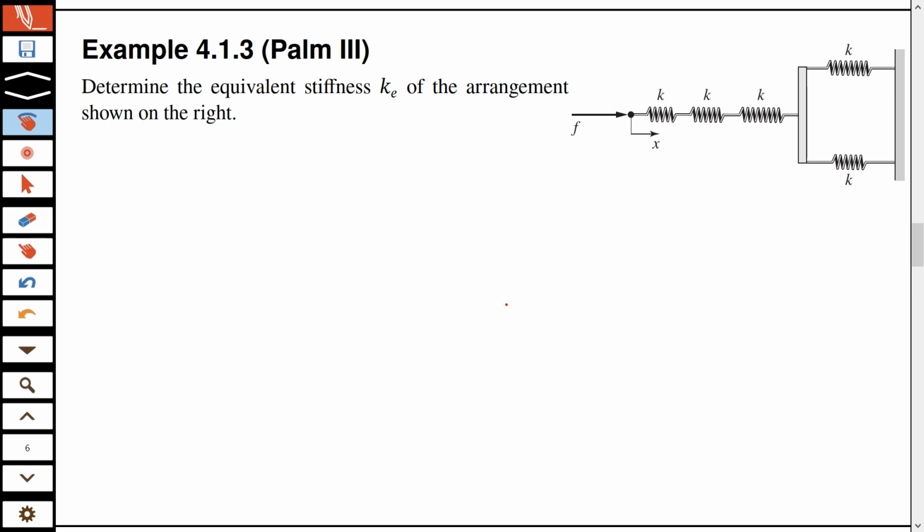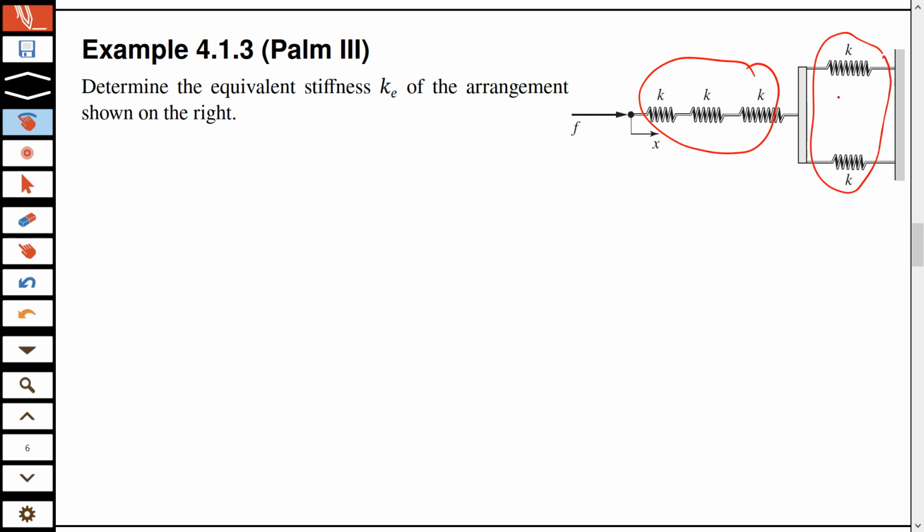Now this will provide you some practice, that you have three springs in series, and the combination of the three is then in series with another combination of two.